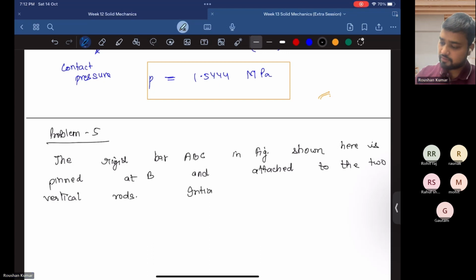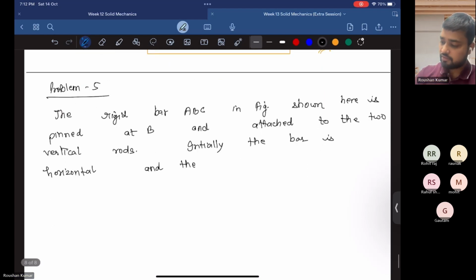Initially the bar is horizontal and the vertical rods are stress free.